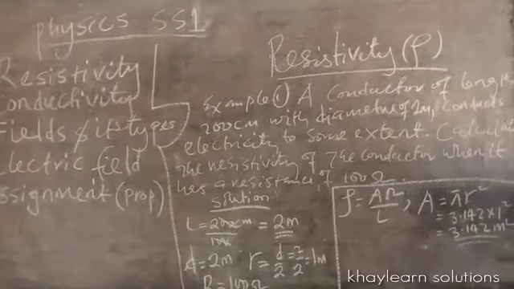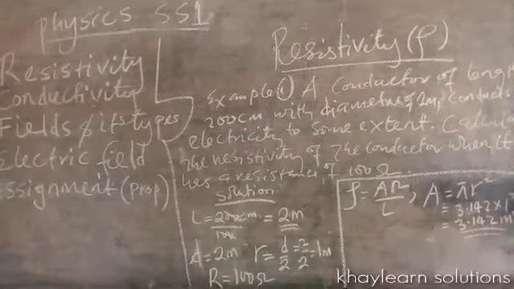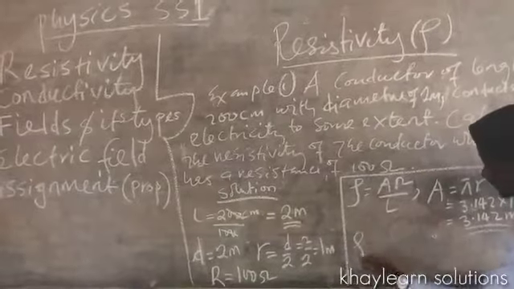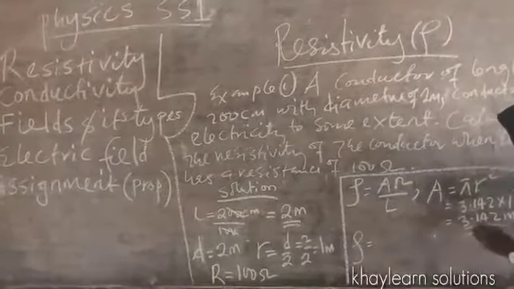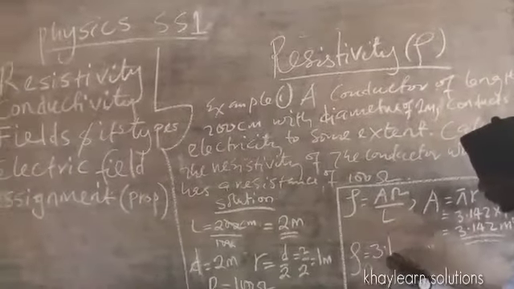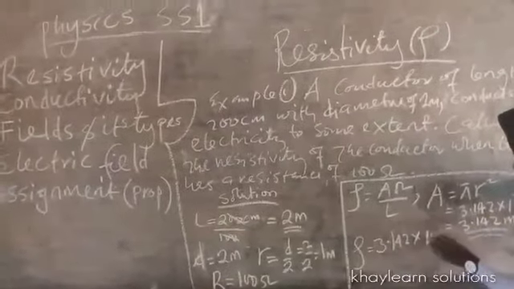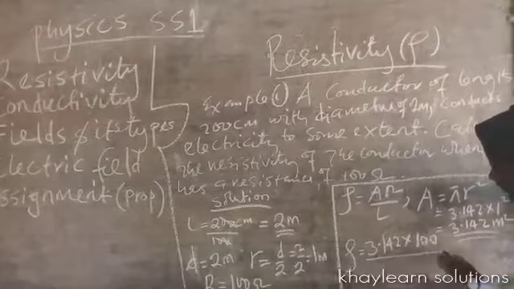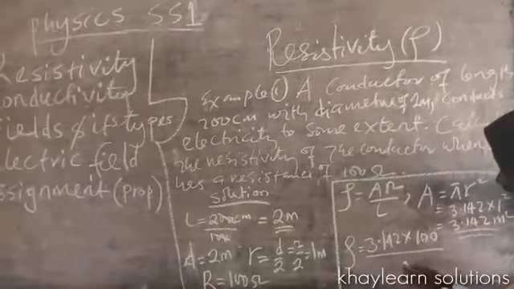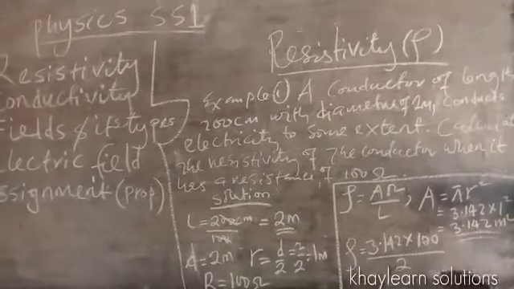That is the area. So now substitute the area into the solution by saying resistivity equals, the area is 3.142 times, my resistance is 100, then divided by L, and the L is just 2 meters.